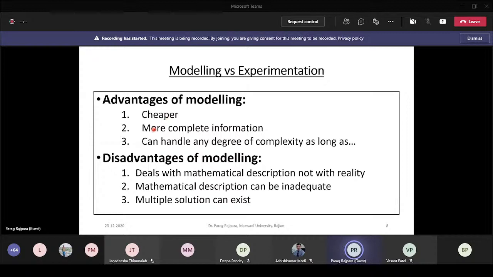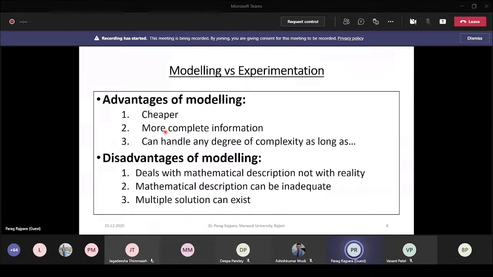Then, with numerical simulations or modeling, you get more clear and complete information, because with experiments you cannot get all the details of all the variables you are looking for in your problem. But in CFD modeling, it is possible to get all the details, complete and clear information. In experiments, sometimes it is very difficult, or it may not be possible.